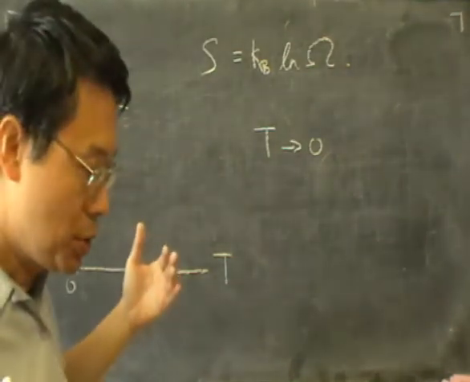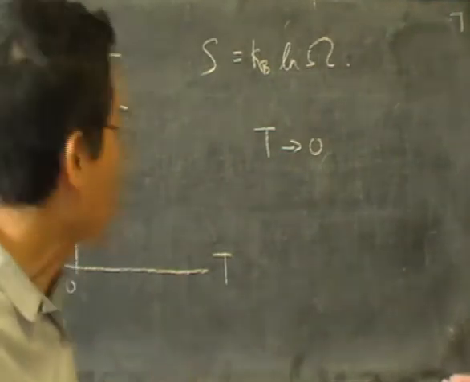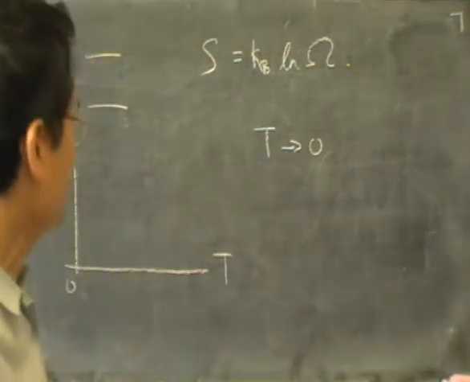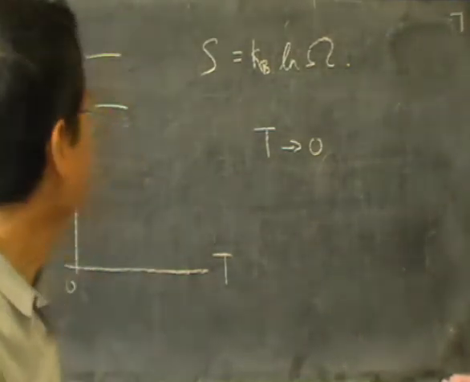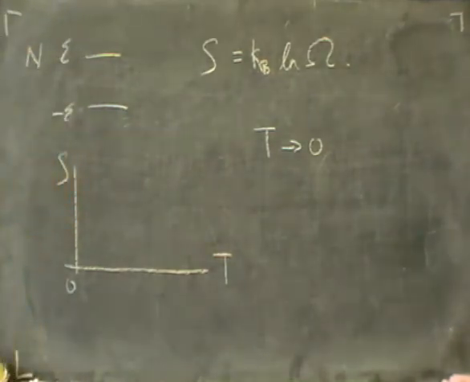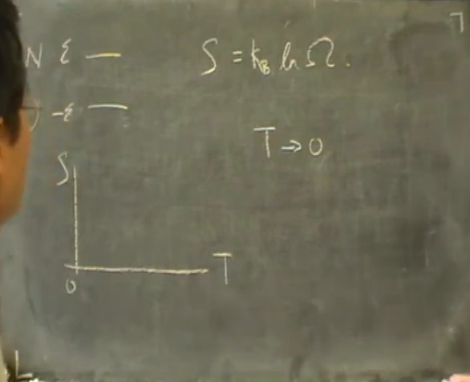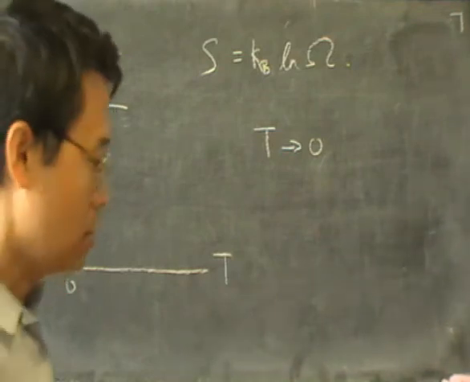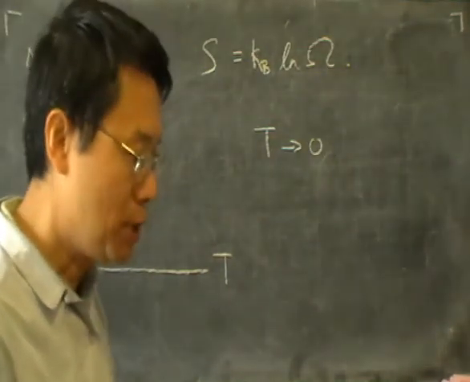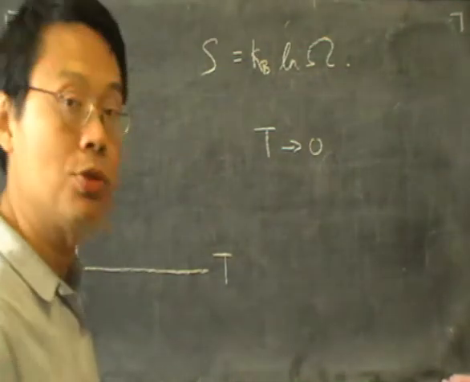When T goes to 0, all the particles go to the lower level. Right? Now, that would seem obvious if you are familiar with quantum mechanics and energy levels.